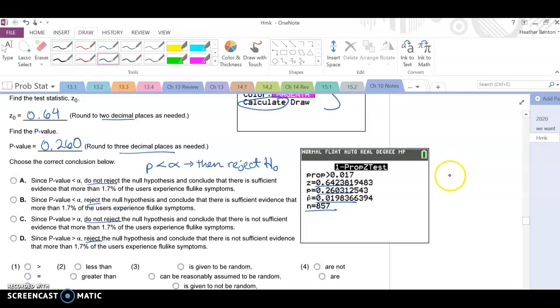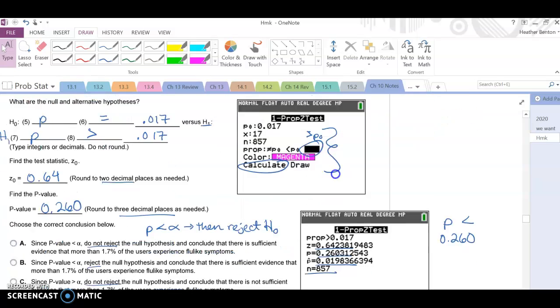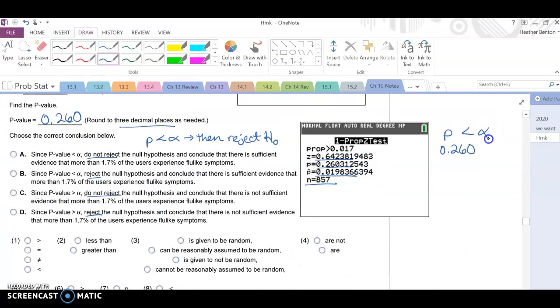In this case, our P is 0.260. Is that less than our alpha, which was 0.1? Question mark, and that would be a no. So we do not reject. We don't exactly say that we accept the alternative hypothesis, but we do not reject.